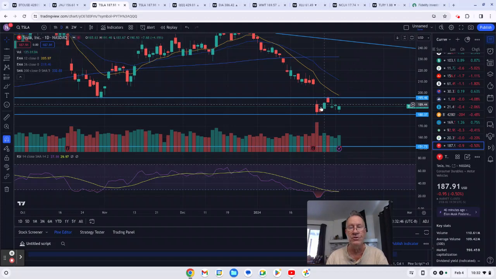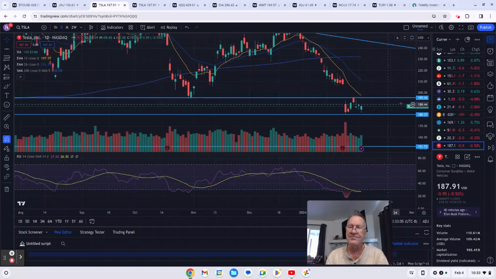So in order to change the trend on the daily time frame, you need to get over this, and then if you do, when you pull back, you need to hold these lows and then continue higher to then confirm the daily uptrend. So that's how the daily time frame looks.